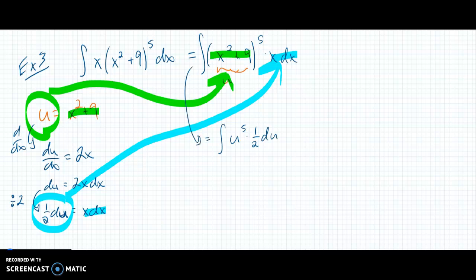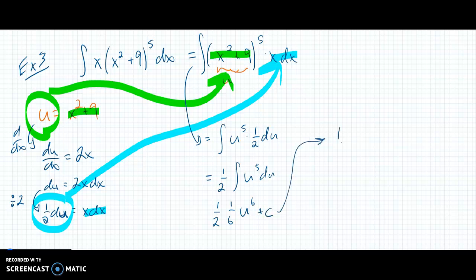Then I'm going to move the half out front of the integral of u to the fifth du. And then fifth power, all right, so I got to go up 1, that's 6, u to the sixth, times a 1/6, and then times a 1/2. And then don't forget your plus c.